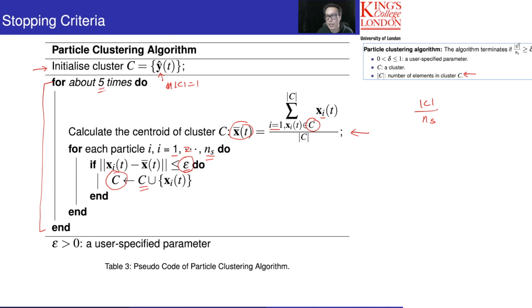And if it is larger than delta, a value defined by the user, then we are going to stop. That means the PSO algorithm stops, and otherwise we are going to continue.